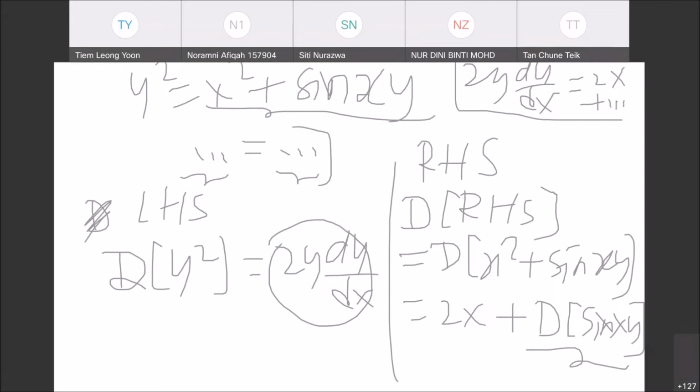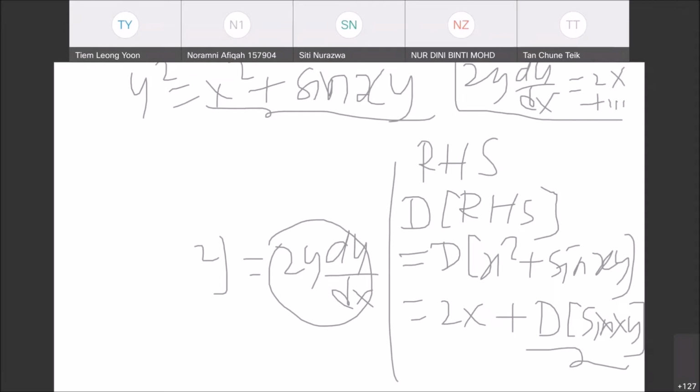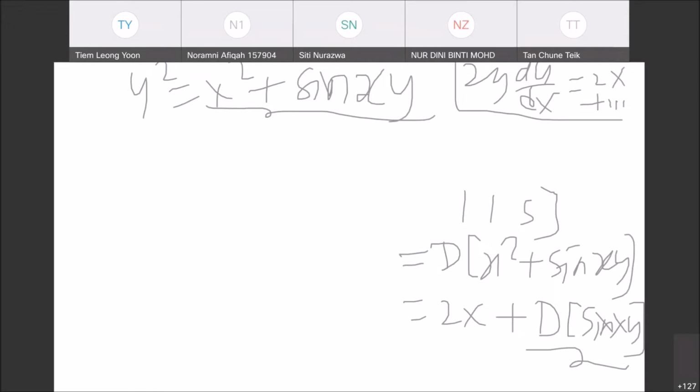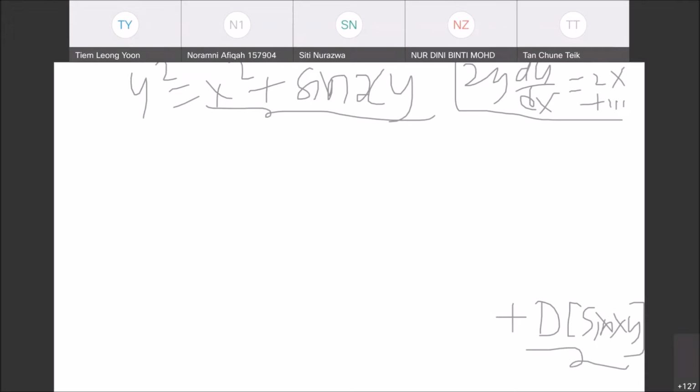So let me rub off this part and try to see if I'm able to calculate the derivative of the sine of xy. So here, the calculation of the derivative of sine xy. See how I do that.